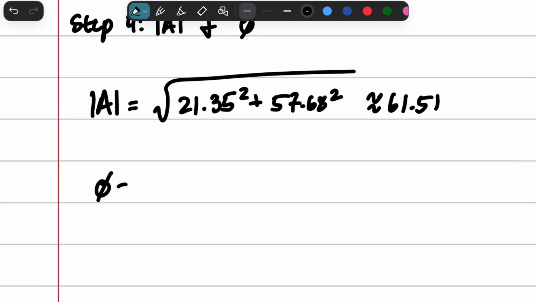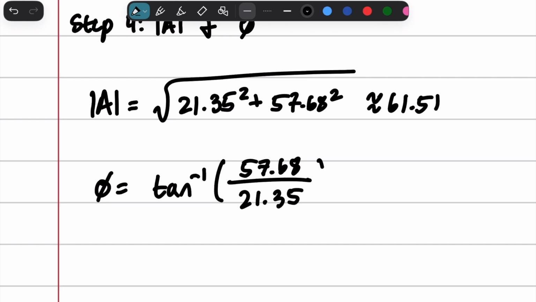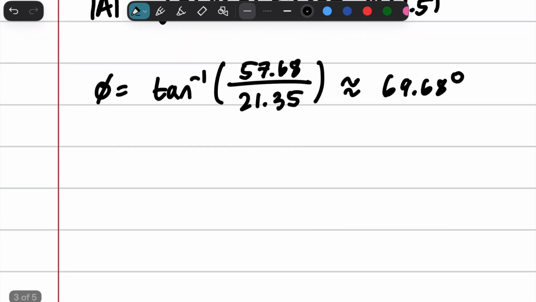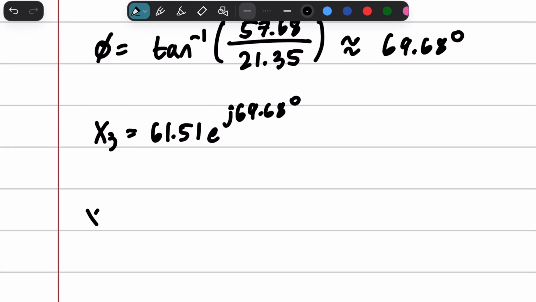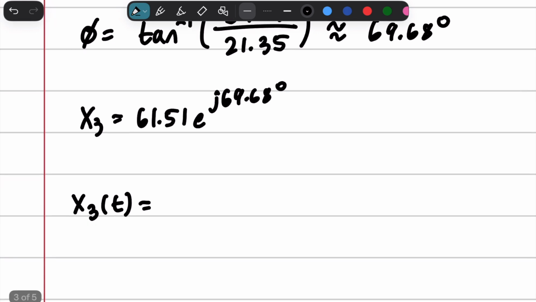For our phi, we need to use the inverse tangent with the imaginary component on top and the real part on bottom, and we get about 69.68 degrees. You can put that back into phasor form if the problem asks you to. But in this case, I'm asking you to find x3 of t, which is in the time domain.